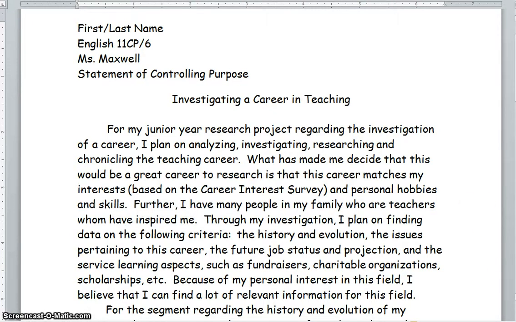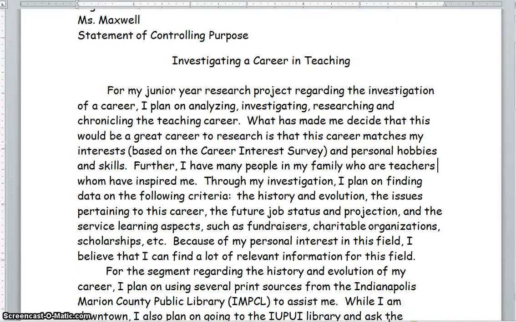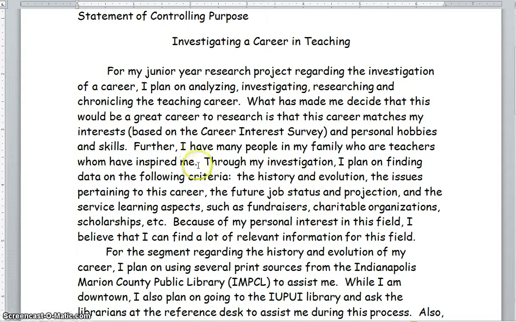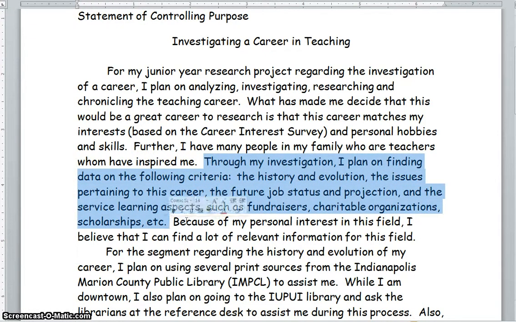The next part, as you see, tells you a little bit more about the prompt itself. So you're restating that prompt, considering all aspects of it. So through the investigation, you plan on using the data for the history and evolution, for the issues, for the future projection, and service learning, such as fundraisers, charitable organizations, and scholarships.